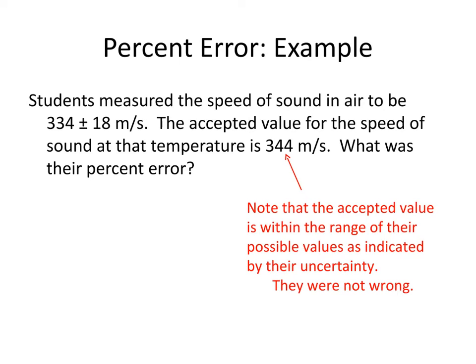So the accepted value here is within the range of their possible values as indicated by the uncertainty. So they were not wrong. So we could say that within experimental error, the experimental value agrees with the accepted value.